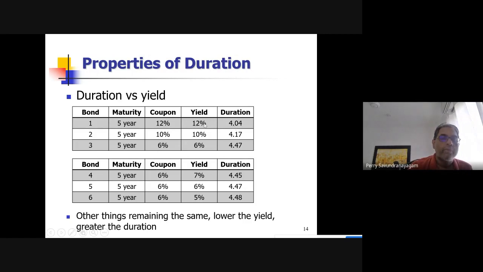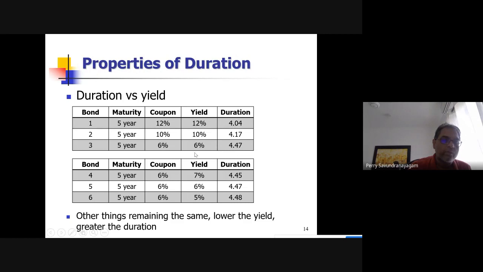So if your belief is interest rates are going down, if you buy it at 12, and if you believe interest rates are going down, then you should ideally buy this one. I mean, you're buying this at a higher yield, that's fine. But the coupon is also 12. Duration is less. But if you believe interest rates are going down, looking at these three options, this has a better duration.